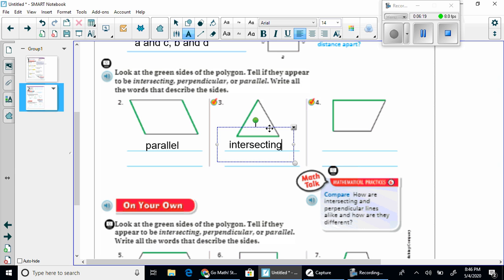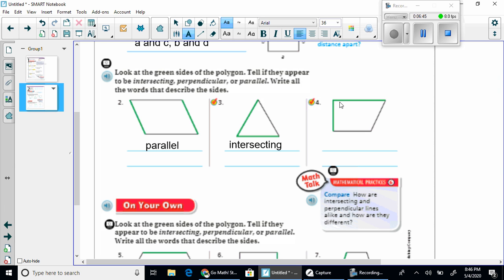Okay. All right, and then number 4, last but not least, we have this green line here and this line. If you notice, they meet, so they are not parallel. They do intersect with each other, so it could be intersecting lines, which means that they would cross or meet each other. But if we notice, it also forms a right angle here in this corner.